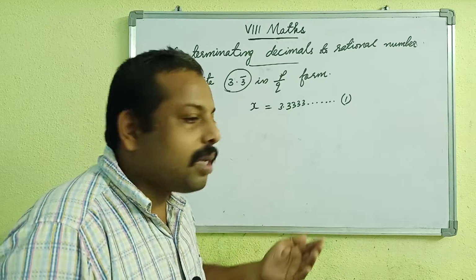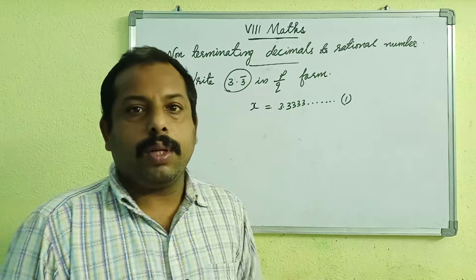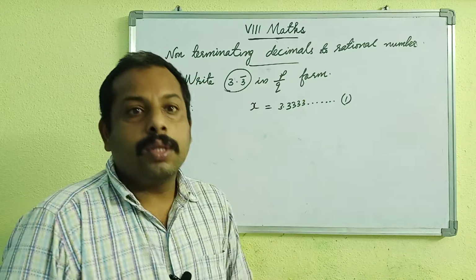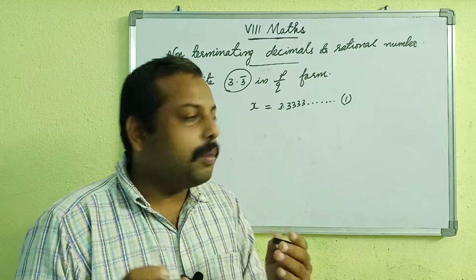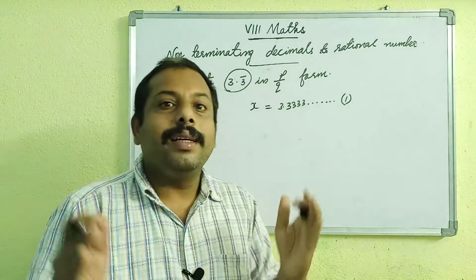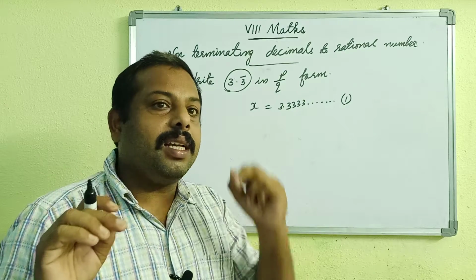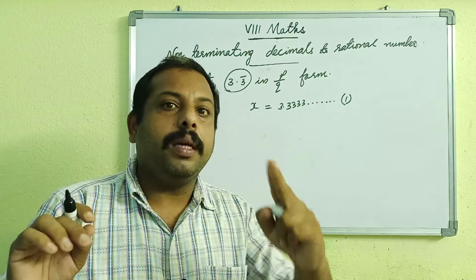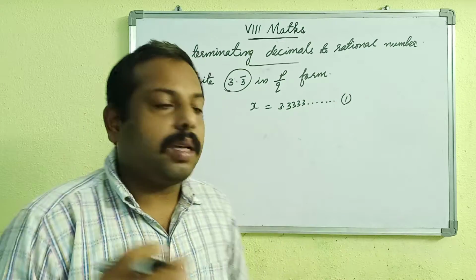How many decimal numbers are repeated here? Only one number is repeated. What is that number? 3. So periodicity is 1. If the periodicity is 1, we multiply equation 1 by 10, that means having one 0. If periodicity is 2, we will multiply by 100. If the periodicity is 3, we will multiply by 1000.